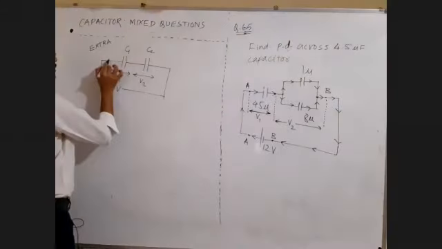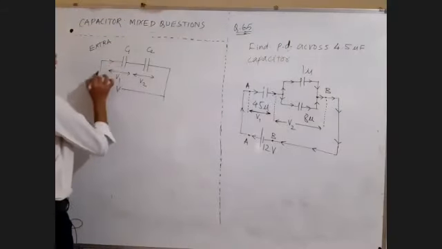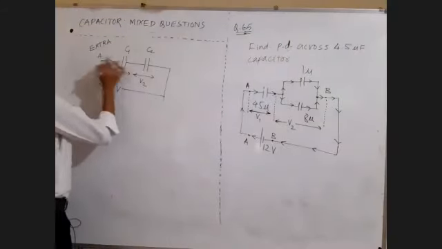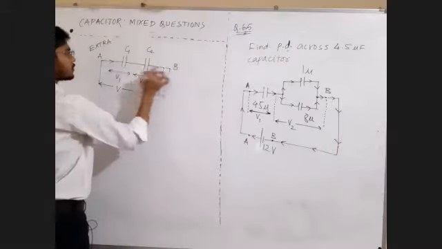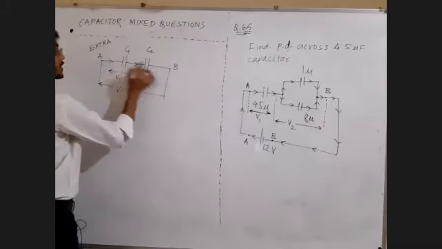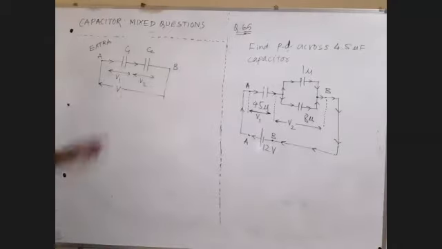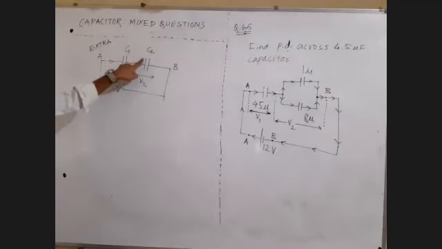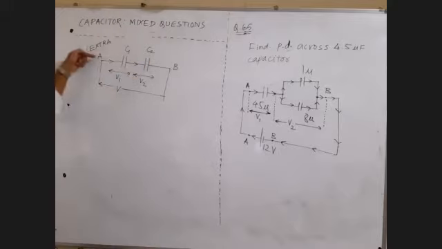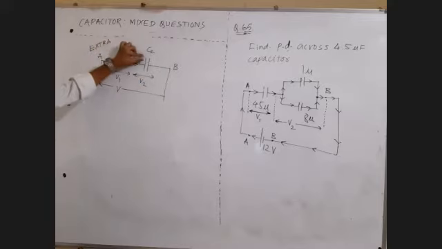Both capacitors will share the same charge, between point A and point B. Both will store an equal amount of charge, plus Q, minus Q, plus Q, minus Q. No need to say plus Q1, minus Q1, plus Q2, minus Q2. They are in series, so they store equal charges. Any one of these charges you can consider as Q.